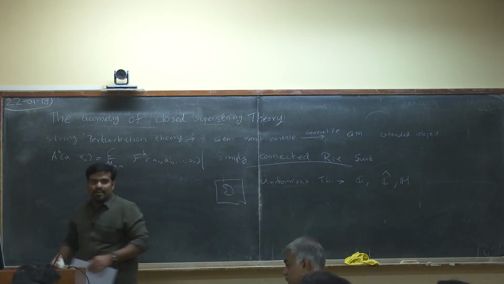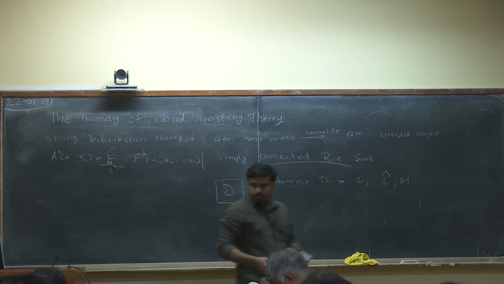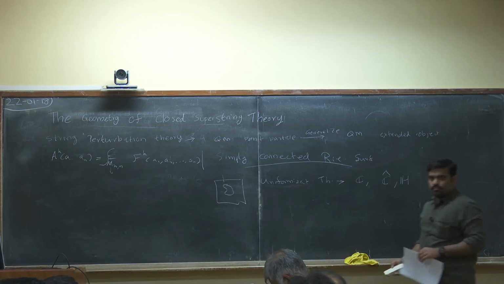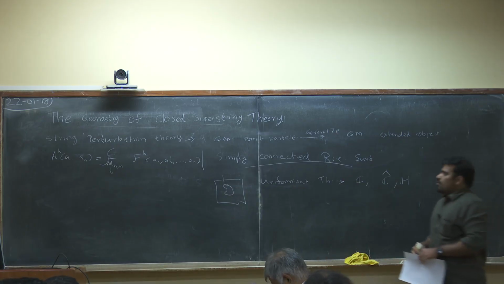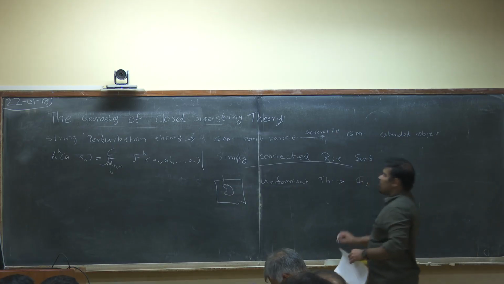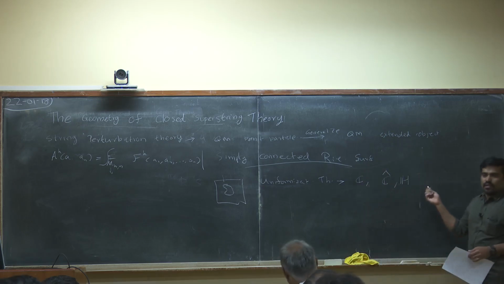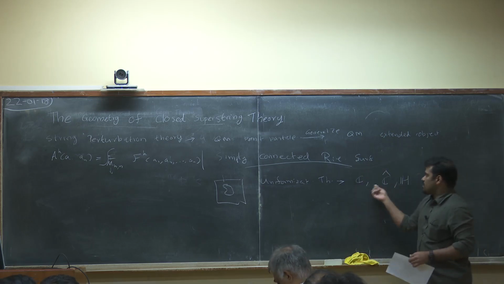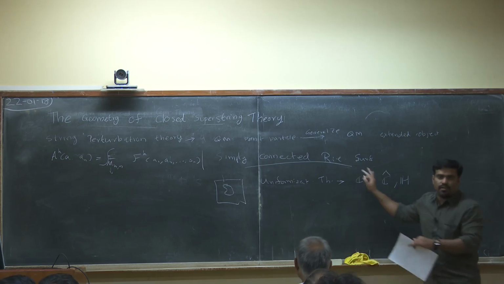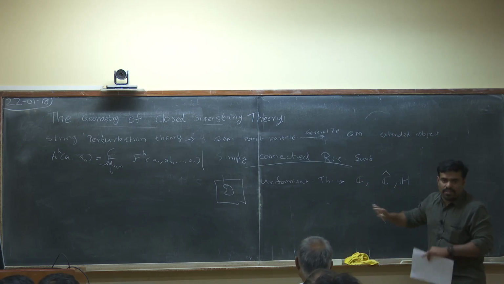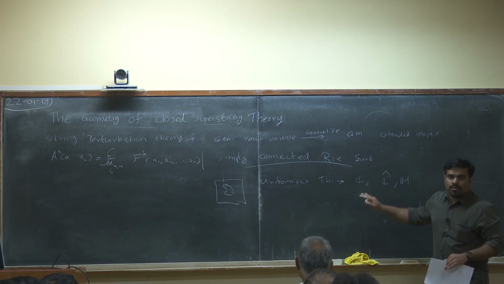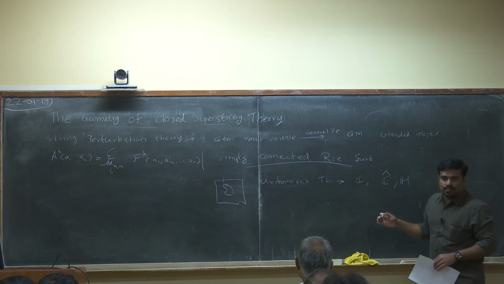Why are these two the same for simply connected surfaces? First of all, you won't be able to find a constant curvature metric for this. When you say you have a constant curvature metric, you are basically saying that you can find a hyperbolic metric, and that's not true here. You don't have a simply connected hyperbolic surface.